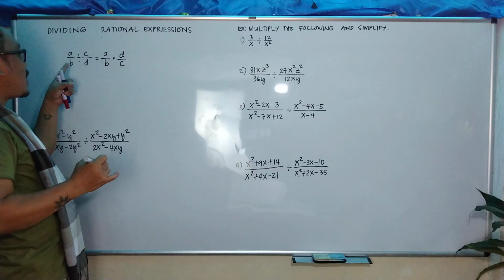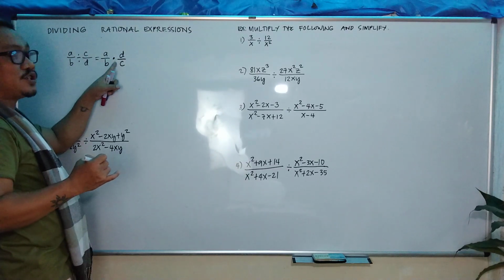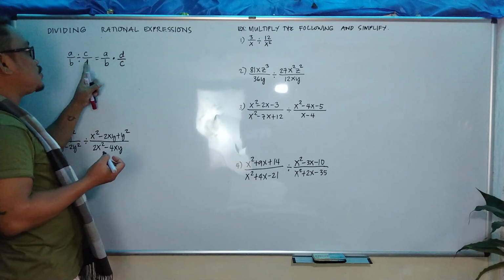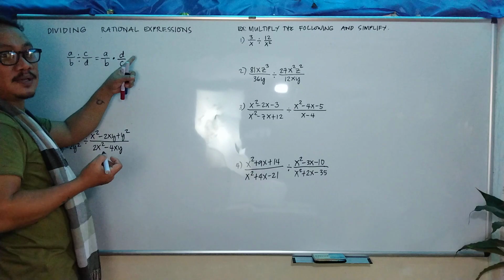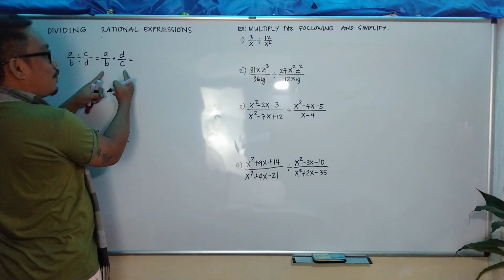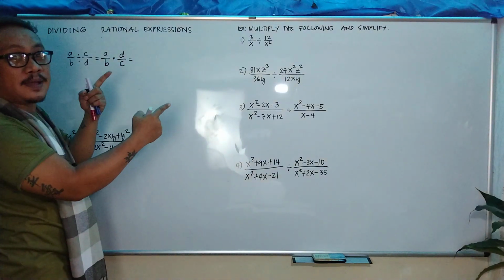So, you copy A over B. Then from division, it becomes multiplication. But C goes to the bottom, and D goes to the top. Then, since it's now a product of two fractions, we multiply them like what we did in our previous tutorial.